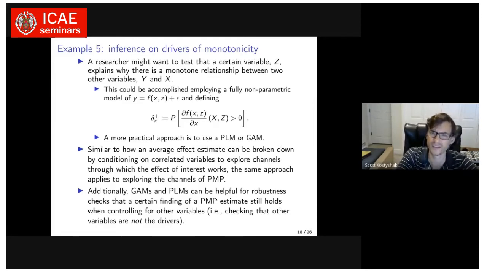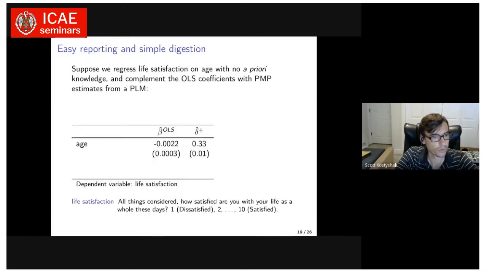I'm going to give an empirical example, at least a short one, next. Let's suppose we are regressing life satisfaction on age. Life satisfaction is the variable: how satisfied are you with your life as a whole these days? It would be very interesting to see these results over the last few months.